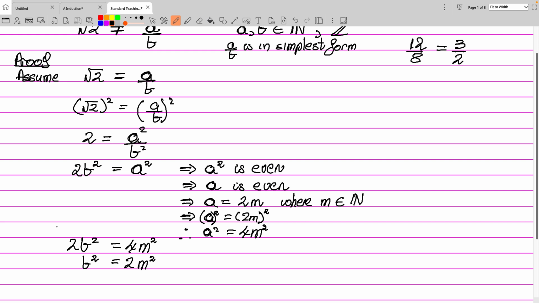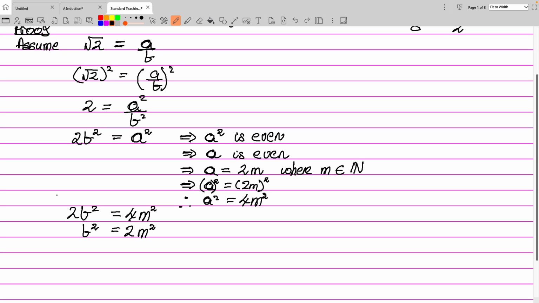Hang on a minute. What does that imply about b squared? It's even. I don't think we need to go through all the arguments above, because it's the same argument, isn't it? If b squared is even, what do I now know about b?